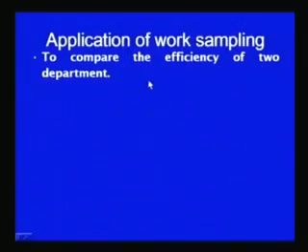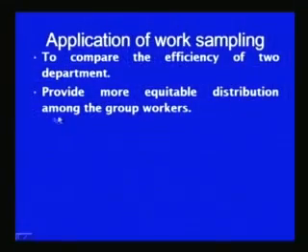this method can be effectively utilized in a number of situations, like to compare the efficiency of two departments. Random sampling of the two different departments can be carried out to see their relative efficiency, and to have a more equitable distribution among the group of workers.